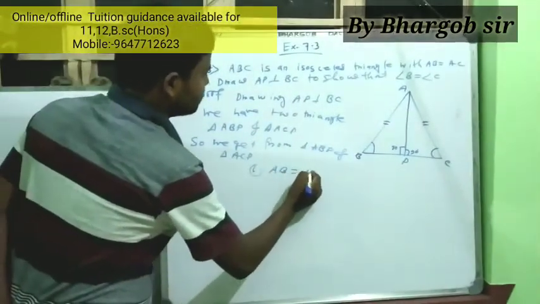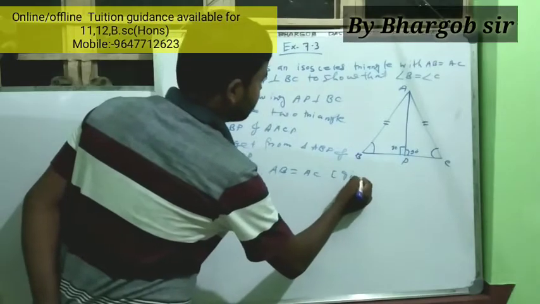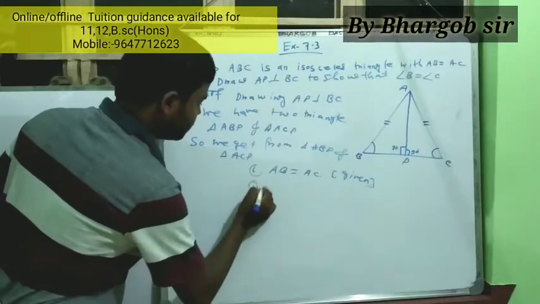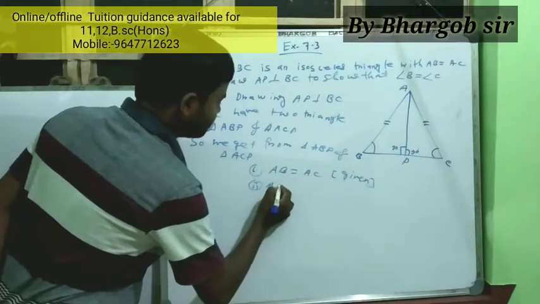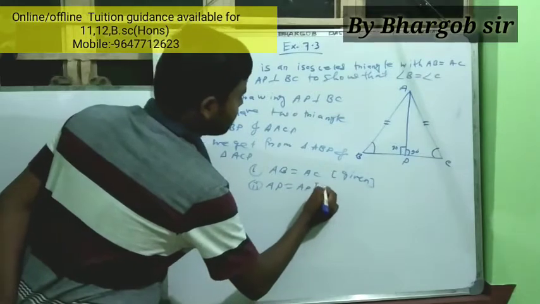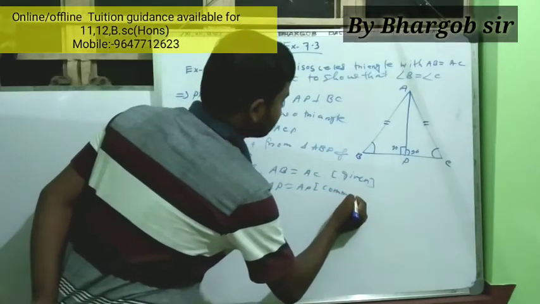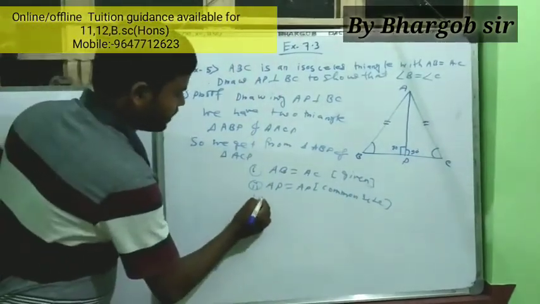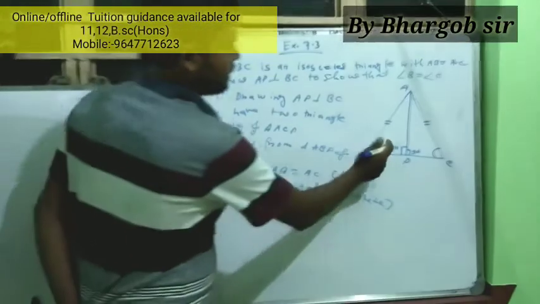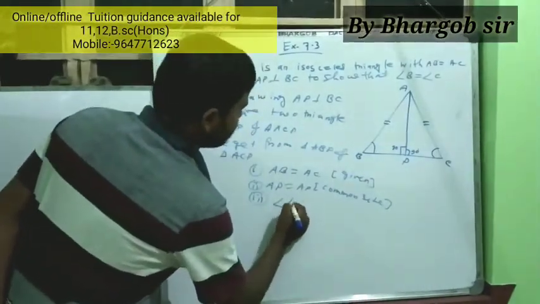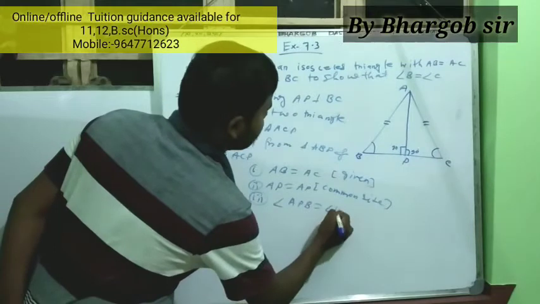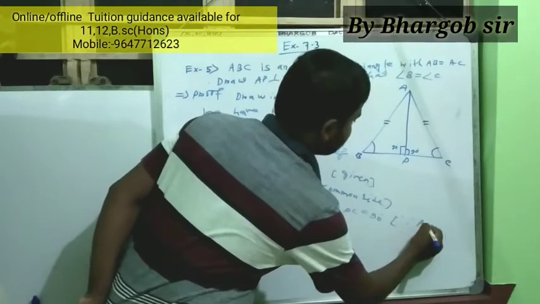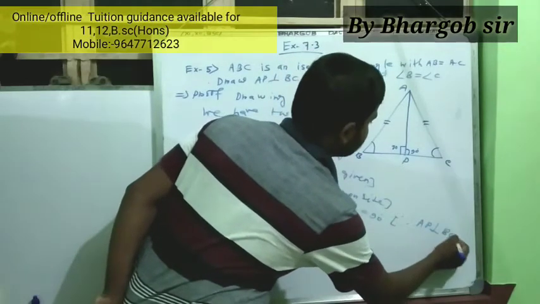AB equal to AC, given. Number 2, AP equal to AP, common side in both triangles. Number 3, this angle is the same: angle APB equal to angle APC equal to 90 degrees, as AP is perpendicular to BC. No problem.